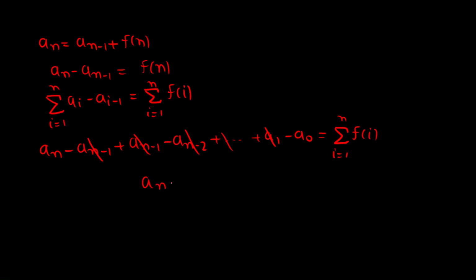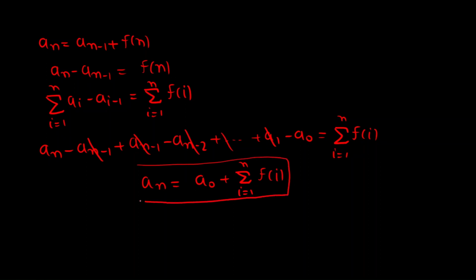From here you get the solution for an as a0 plus summation from i equal to 1 to n of f of i. This is the closed form solution for an. I hope everyone understood. Now let's move on to a bit more complicated ones.